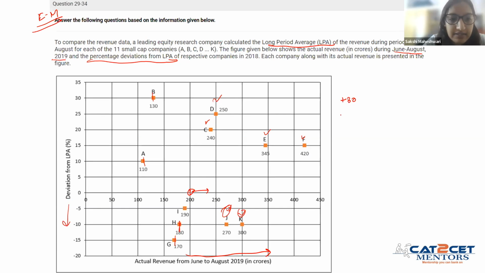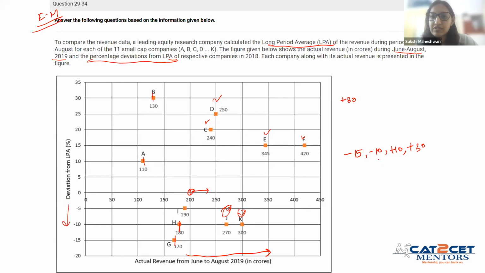Let me arrange it in ascending order. So it is minus 15, minus 10, then plus 10, and plus 30.